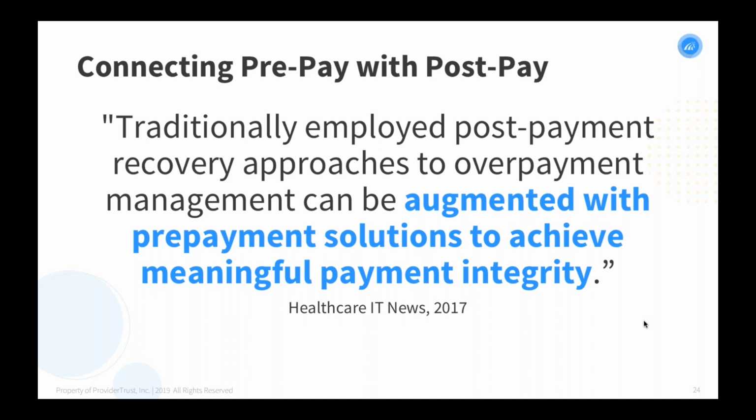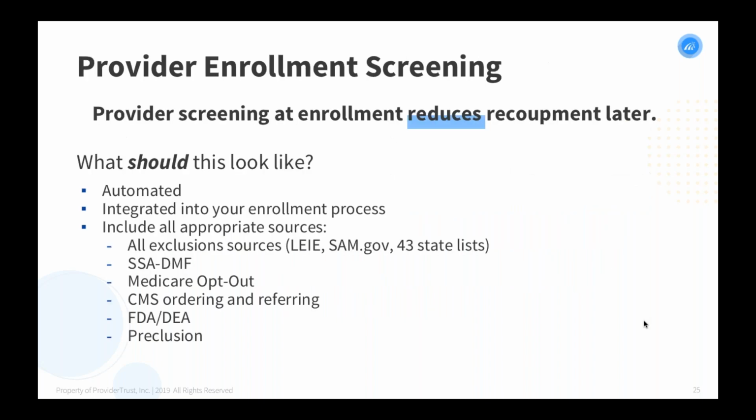You'll also save your team's time and energy, not spent on recoupment but on other important and necessary investigations. It's very much a trend we're seeing across health plans. Now, a little more specifically, on where and when you're screening for these exclusions, and how that relates to recoupment.